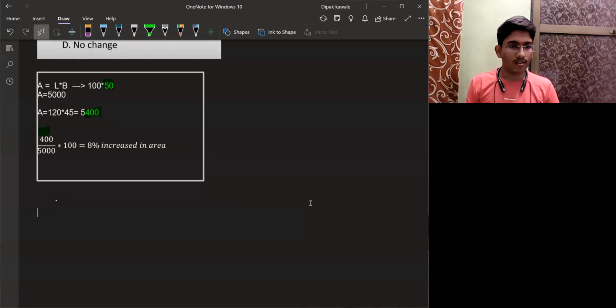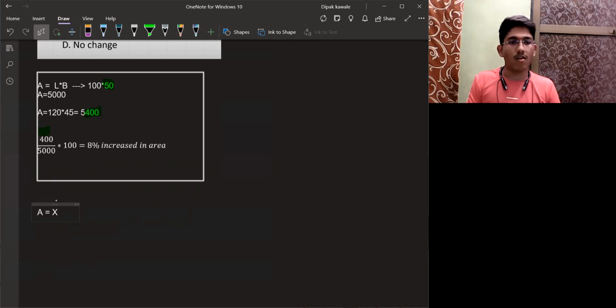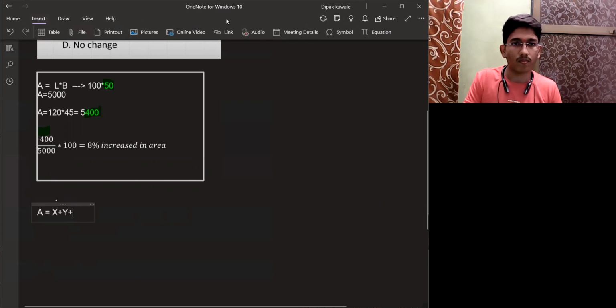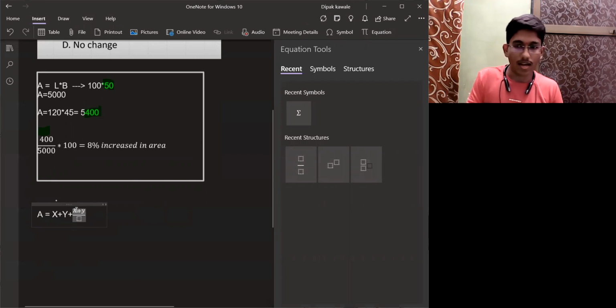Let's say the change in area is A. The formula is the change in percentage of length plus the change in percentage of breadth, plus x plus y by 100.